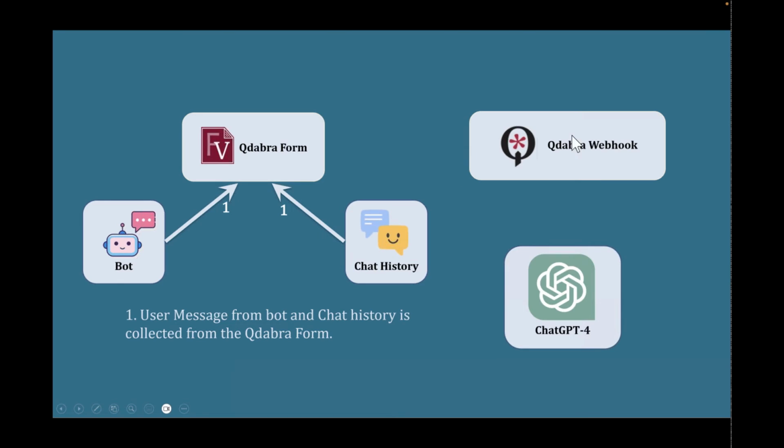Oh my gosh! Because this stuff is built into the Qdabra form service. We have a new webhook that we're surfacing in your Qdabra. So it's built in. If you've got the public instance, great. If you're on-prem, you have to update your Qdabra form services, and then the chat history is included.